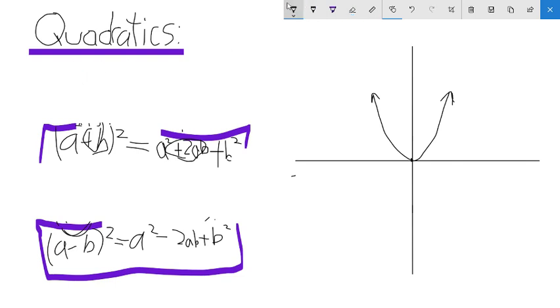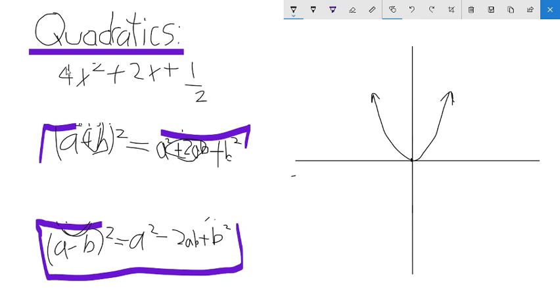So let's say I have this: 4x squared plus 2x plus... 1/4.